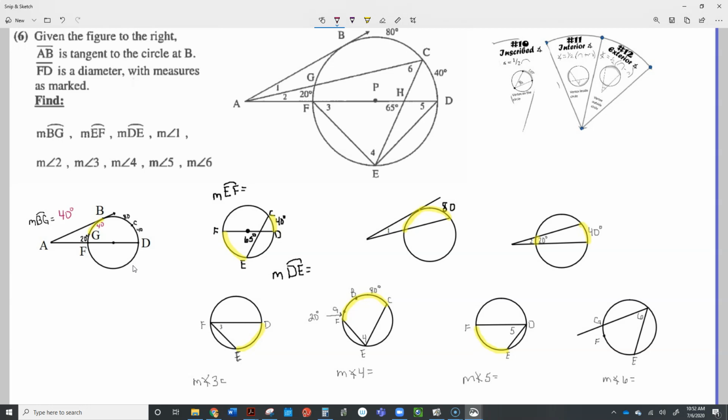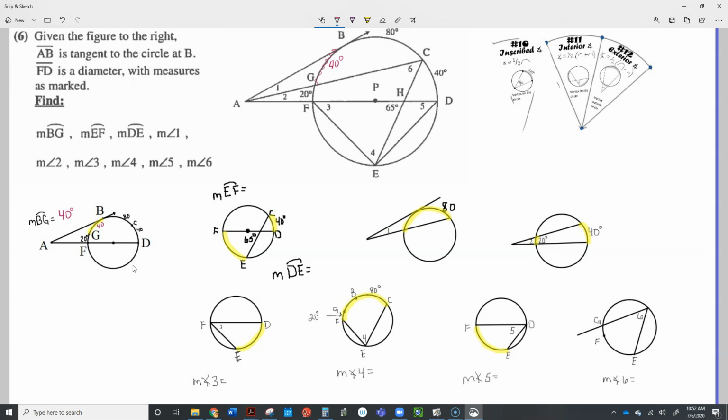So everywhere in this picture that I use BG right here, I'm going to be able to use 40. Because 20 plus 40 is 60, 60 plus 80 is 140, 140 plus 40, that gives me 180. Now, to find EF, I'm going to be using this interior angle. The angle was formed on the interior of the circle.